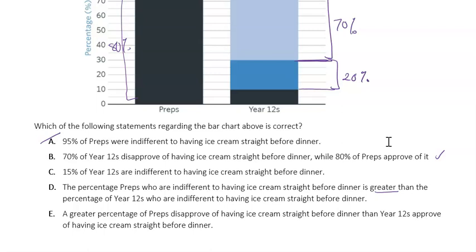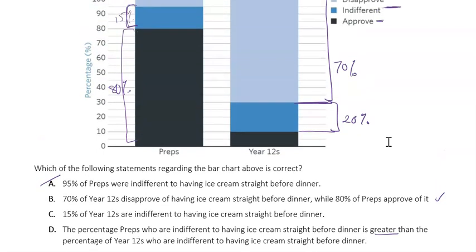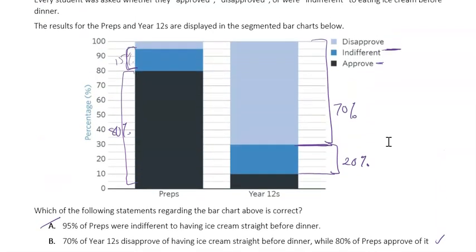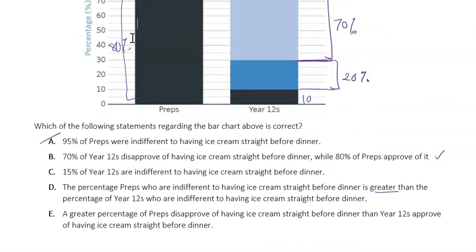And finally, E, a greater percentage of Preps disapprove rather than the Year 12s who approve. So Year 12s approve, 10%. Preps who disapprove, 5%. So no, it's not greater than. Therefore, we can confidently say B is our most correct answer there.